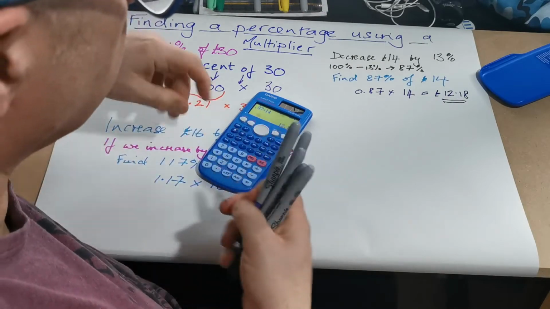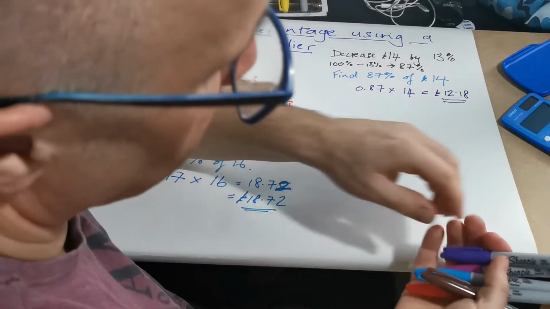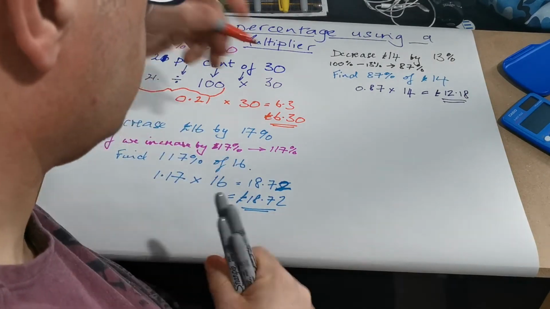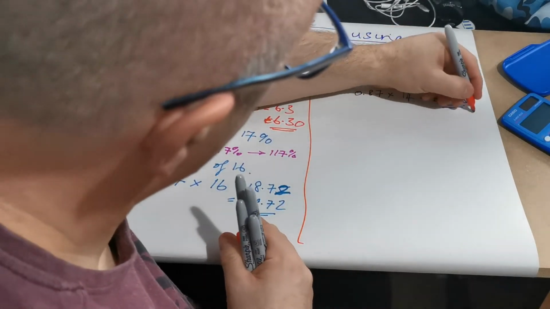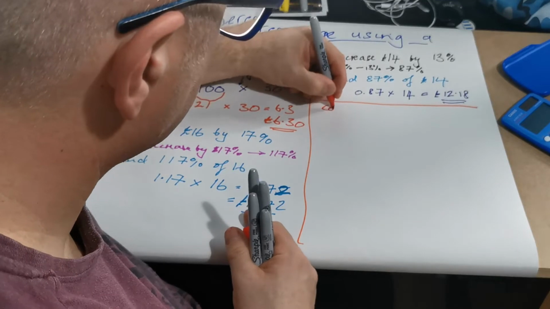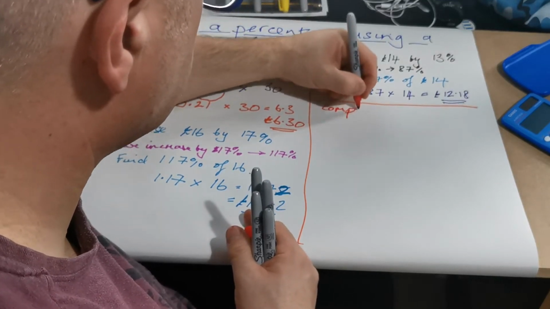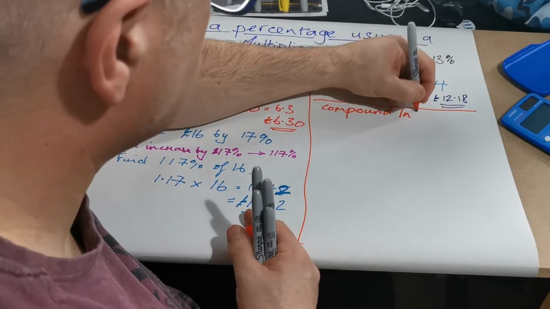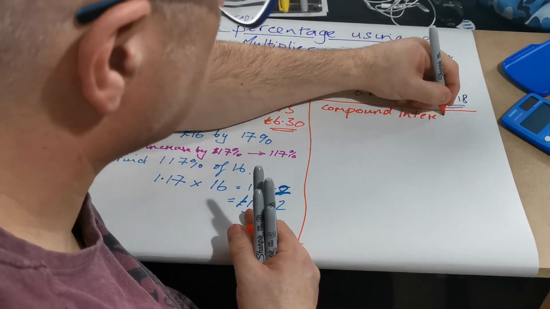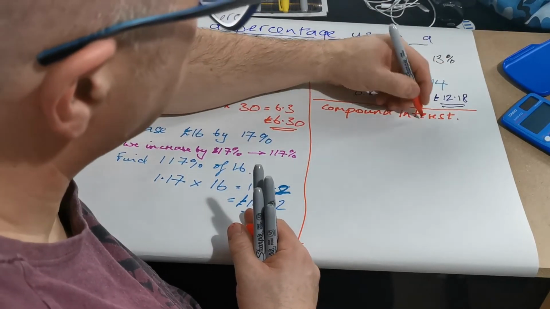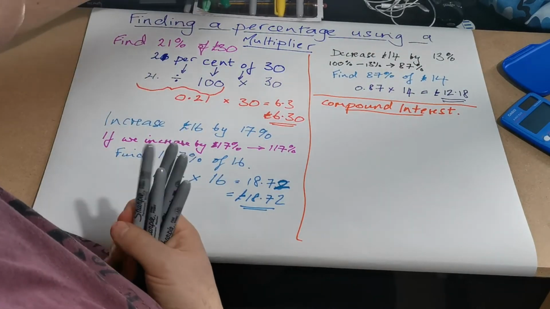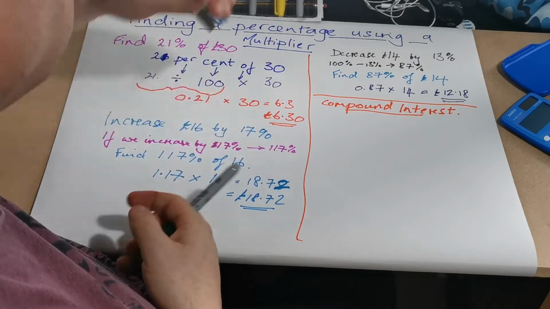Now this is useful when we do something called compound interest. So imagine if you're at the bank, you put some money in, and the bank agrees to pay you 5% per year.